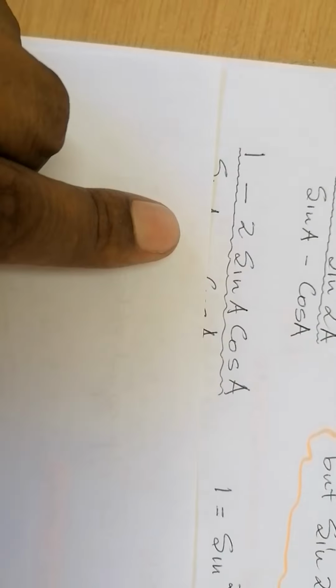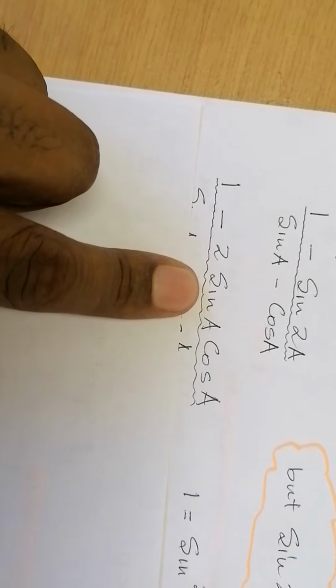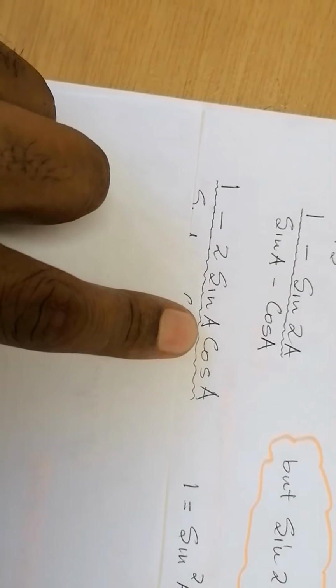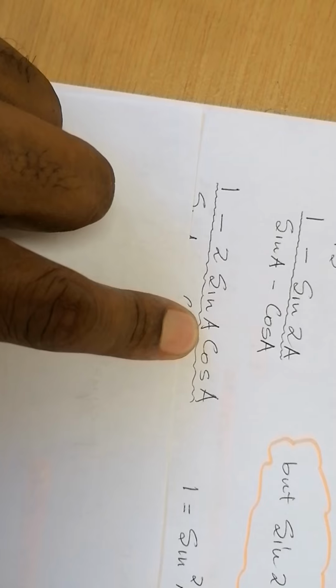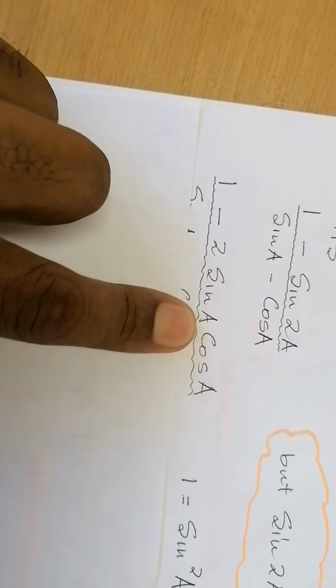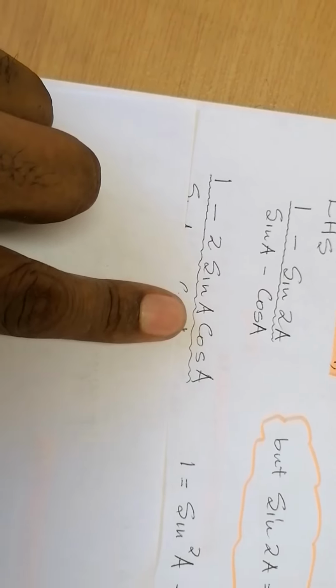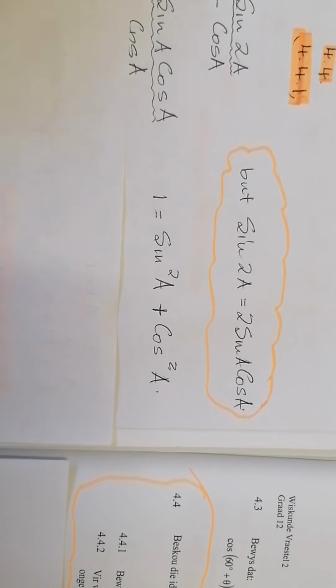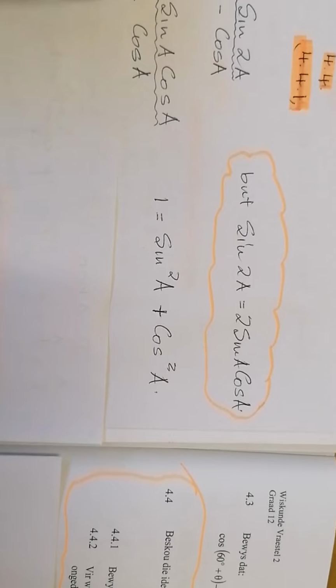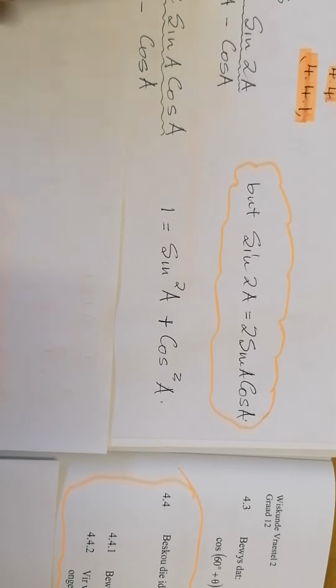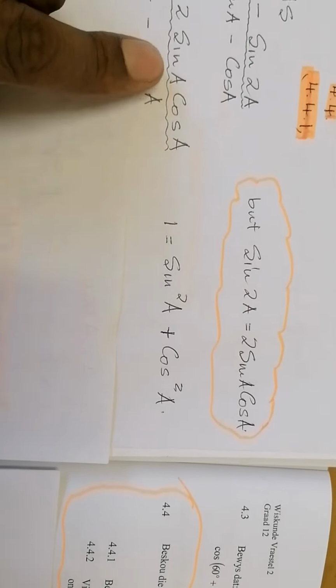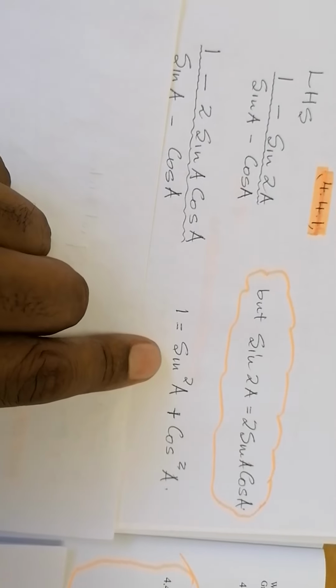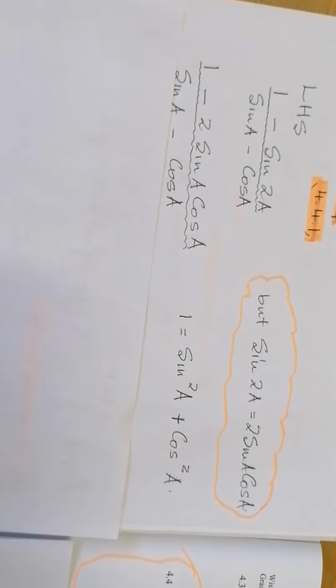If you look at this, it is sine a times cos a. There's no minus sign between them. Now, how do we get the answer that they are looking for? The best option is replacing 1 by the cousin to that, and that is sine squared a plus cos squared a.